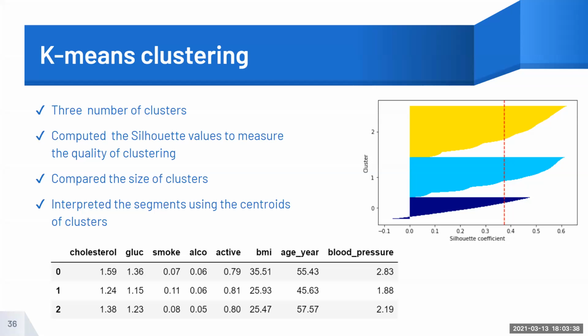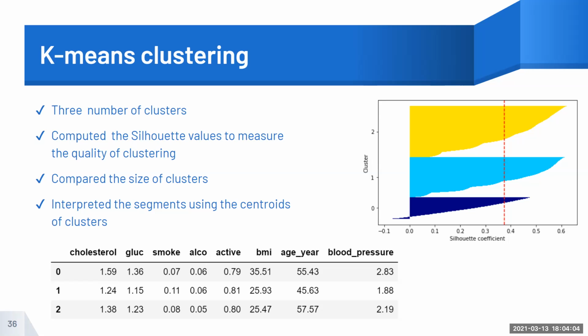Looking at this graph, you can see that we used a silhouette value, and the average silhouette value is around 0.36. We also compared the size of clusters, and you can see that the sizes of clusters are kind of similar. And then we tried to interpret the segments using the centroids of clusters.